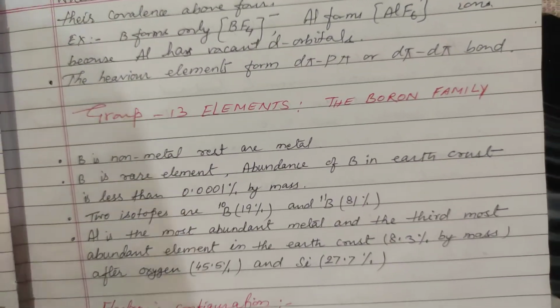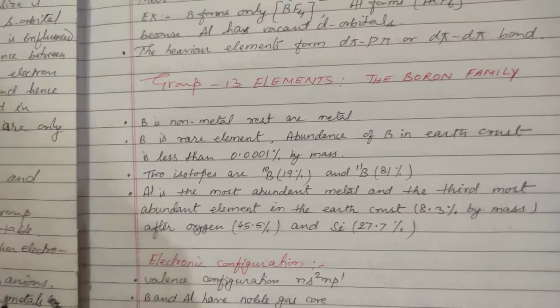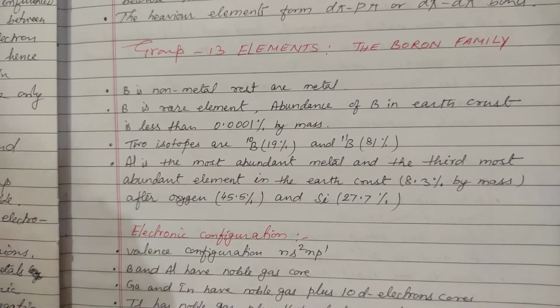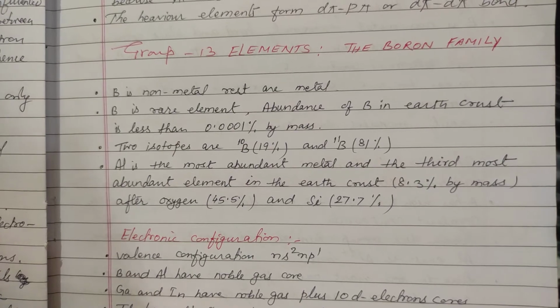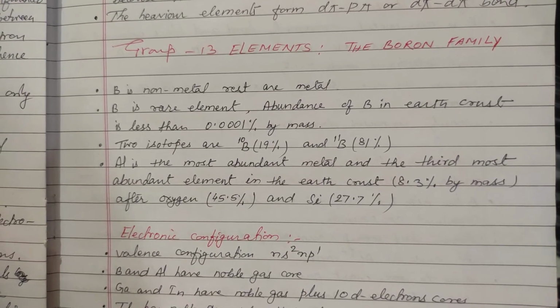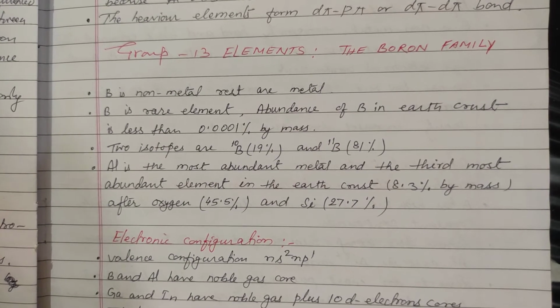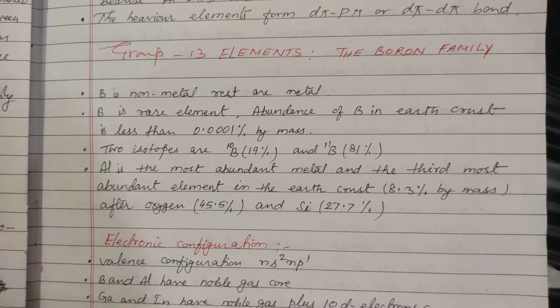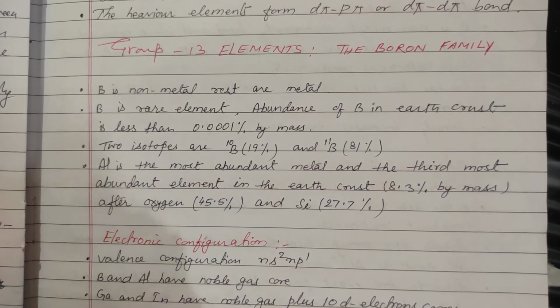Now, these are the common behaviors of group 13 elements, the boron family. Boron is a non-metal, the rest are metals. Boron is a rare element. The abundance of boron in the earth's crust is less than 0.0001% by mass. It has two isotopes, B10 and B11.